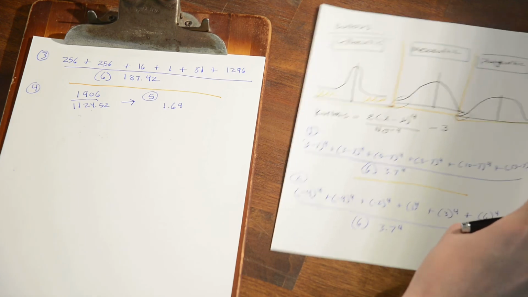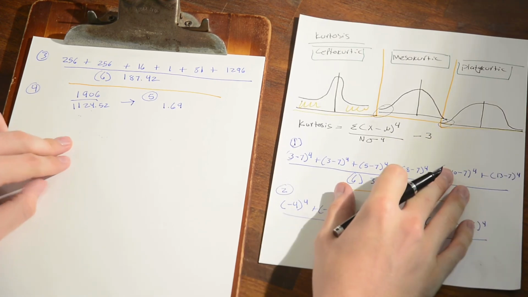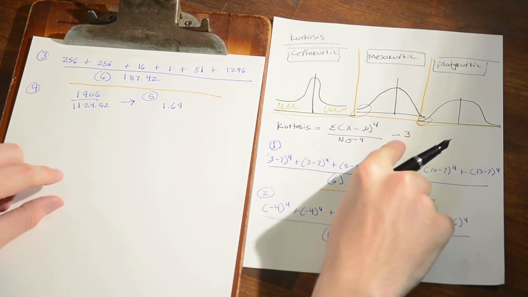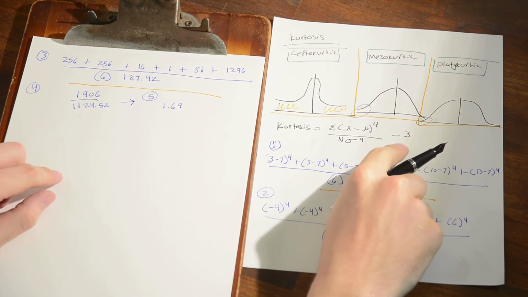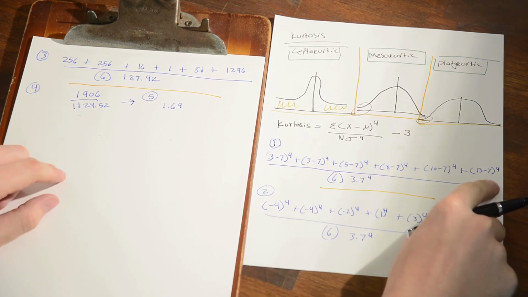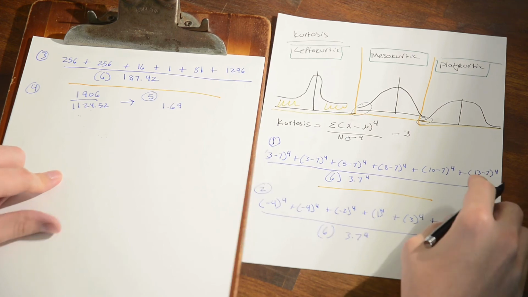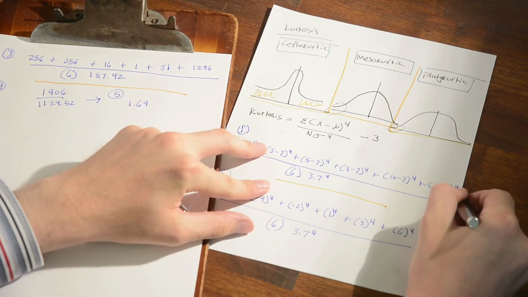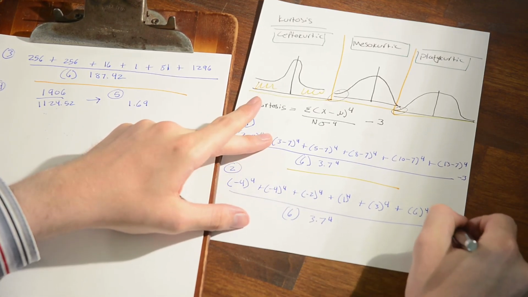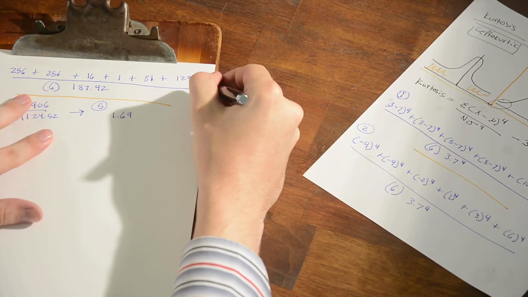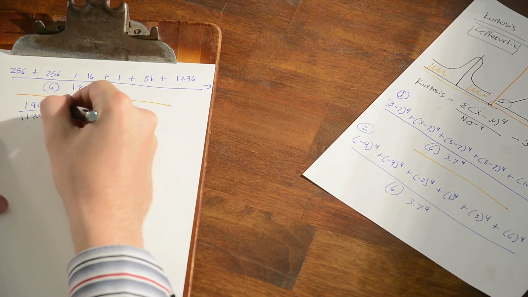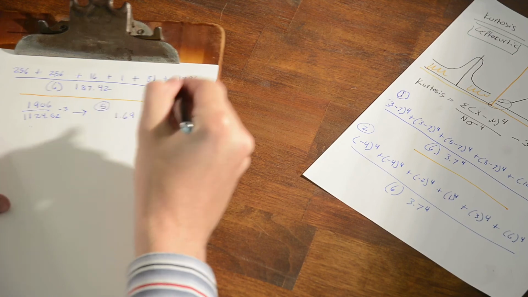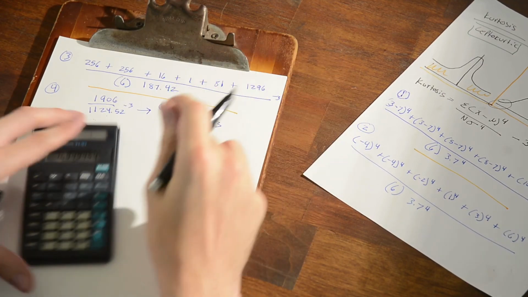Now, you might have noticed the last time I did this, but I've done it again. I have forgotten to carry on my 3 here. And I'm going to blame that on not having a whole lot of room to fit it over here. But at the end of each of these, we still have our minus 3. So we end up with 1.69.